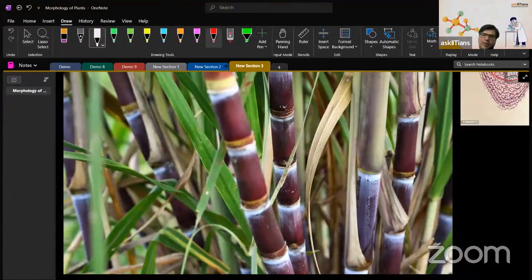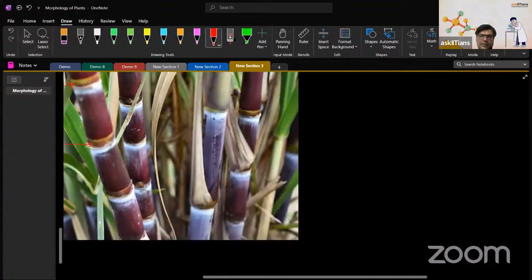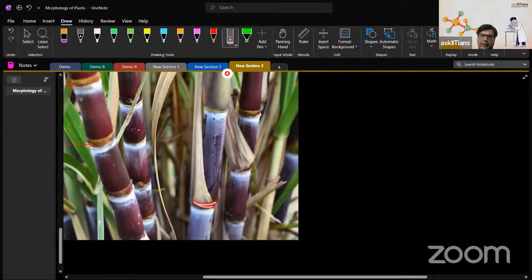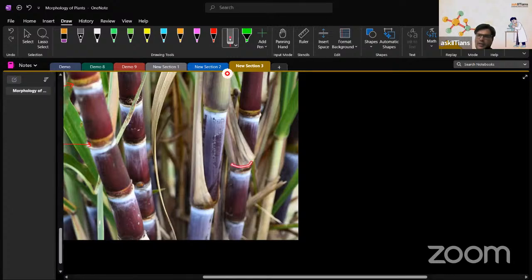Usually this is the node, this part, this part. These are the nodes, okay? As you can see right here, this is a node, this is a node, and the nodes are the parts from where the leaves arise. So the region of the stem where leaves are born is what we call a node, right? This is a leaf which is obviously dried up, but node is the part where the leaves arise from.